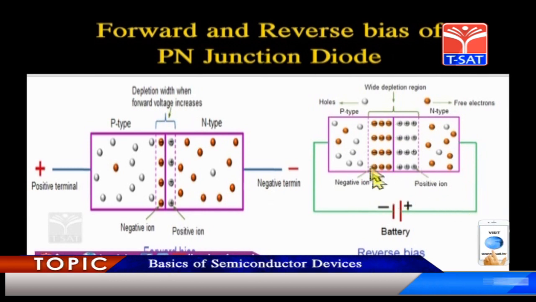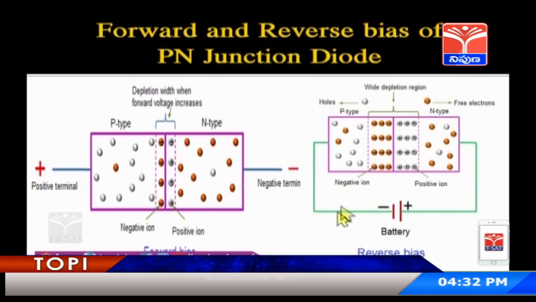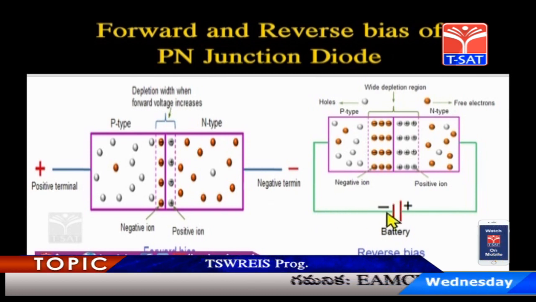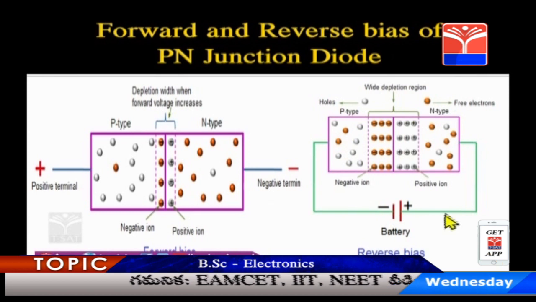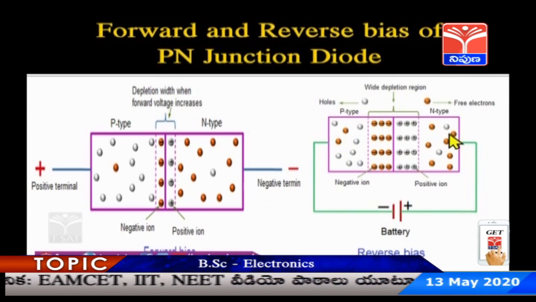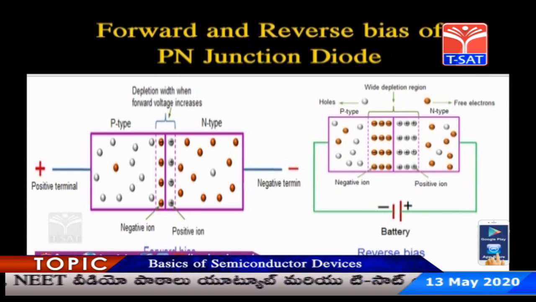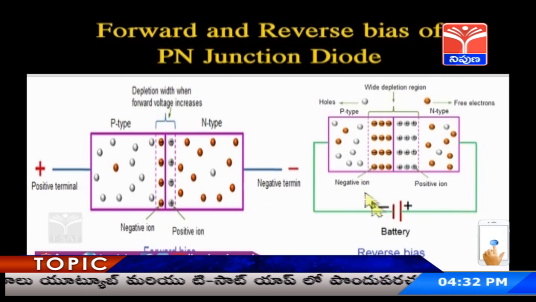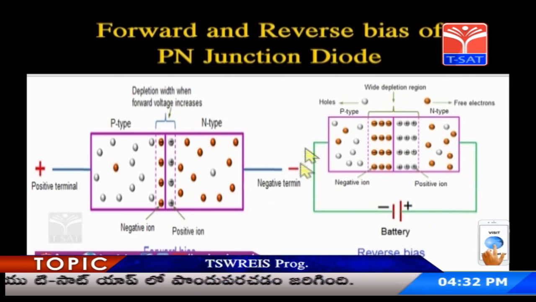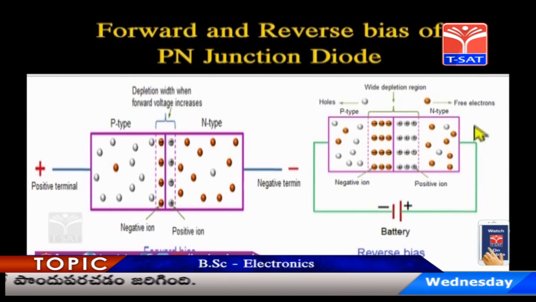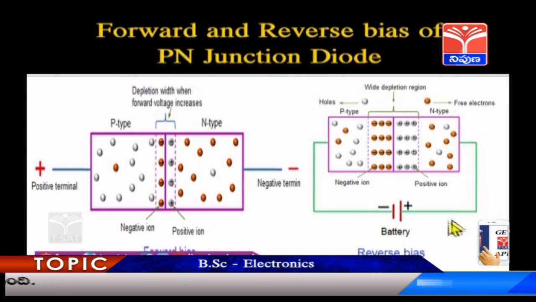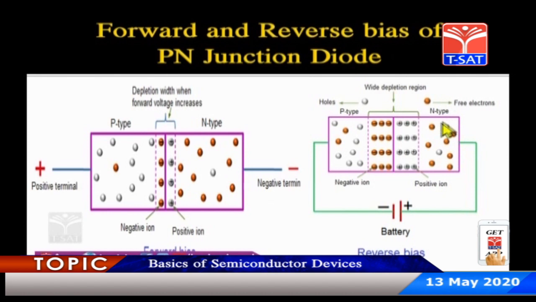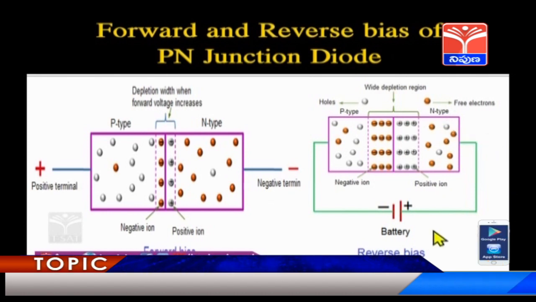And when you apply it in reverse, that means the negative terminal is applied to the p-type and the positive terminal is applied to the n-type. When you apply voltage like this, these holes will be attracted to the negative terminal and these electrons will be attracted to the positive terminal.